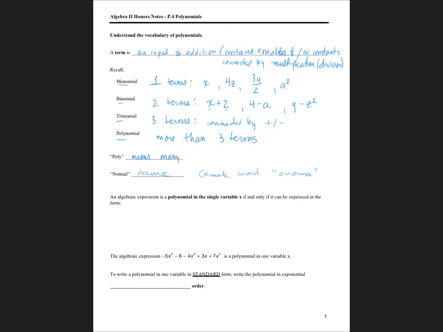Now, an algebraic expression is a polynomial in a single variable if and only if it can be expressed in this general form. Maybe the first time you see this, it'll be a little overwhelming, but we'll make sense of it, we'll utilize it, and it'll hopefully make a lot of sense very soon.